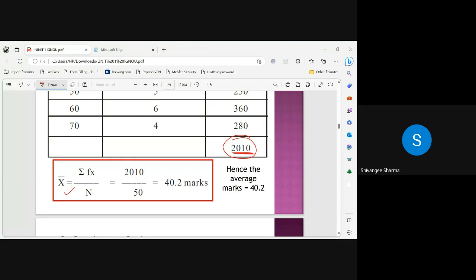Then you take the average: 2010 divided by 50, which is the summation of f, the frequency. So 40.2 is the average for this entire class, and this type of data is known as discrete series. So I think this is clear how to calculate the average in discrete series, just arithmetic mean.